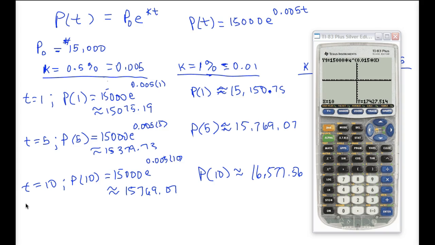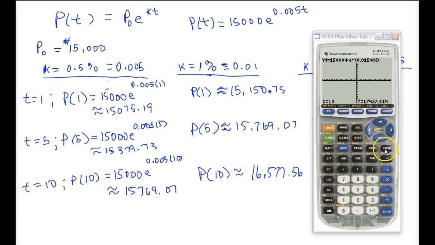The last thing that I want to do is show you how we would find the doubling time. And so I'm going to do this for the 0.5% example as well as the 1% annual interest example.